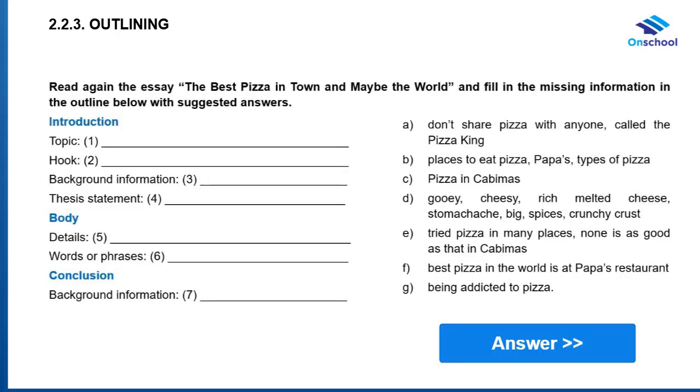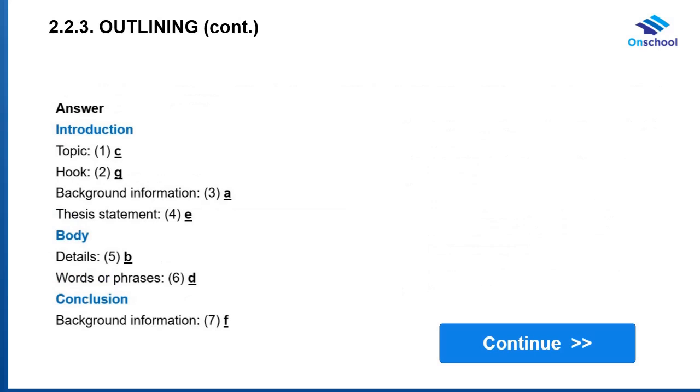And now, let's read the essay, The Best Pizza in Town and Maybe the World, again, and fill in the missing information in the outline below with suggested answers. I hope with this exercise, you can feel more certain about how to organize a descriptive essay.